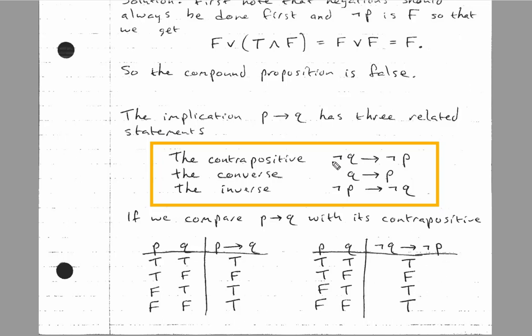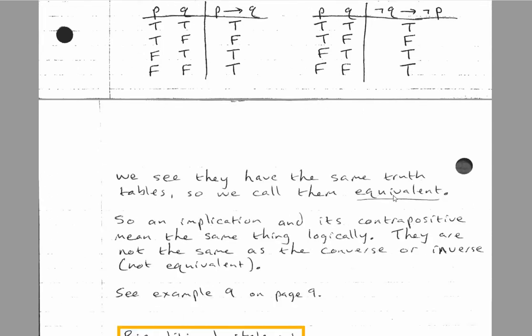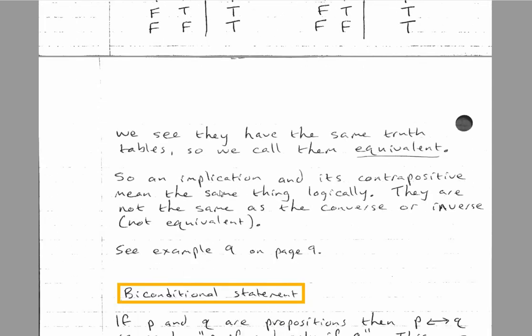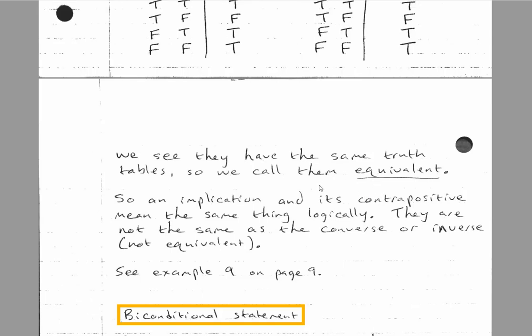This is telling us that an implication is really equivalent to, logically the same as, its contrapositive. Yeah, so the contrapositive, it's just an equivalent way of saying the original implication.